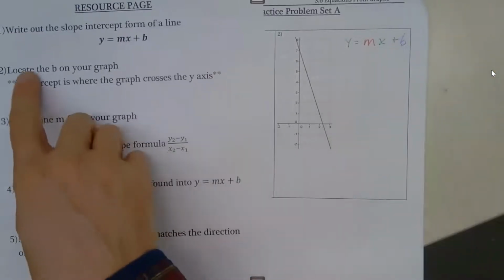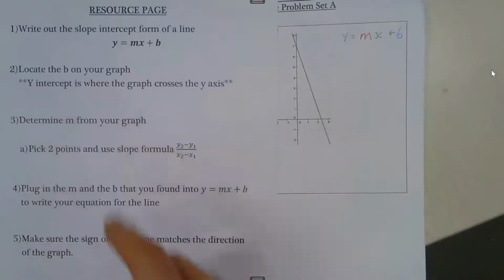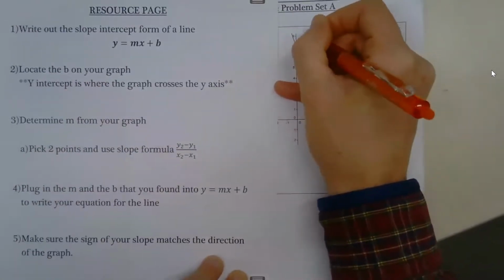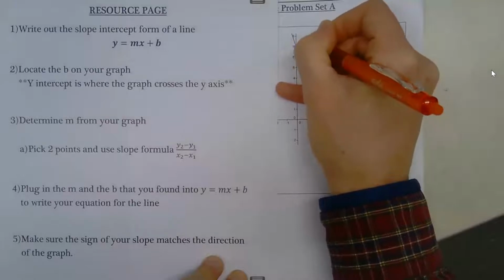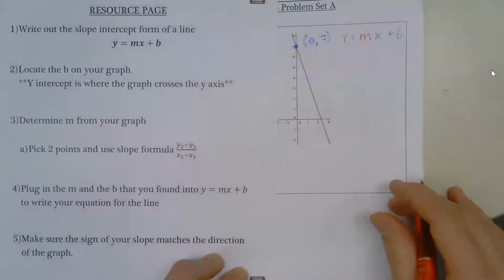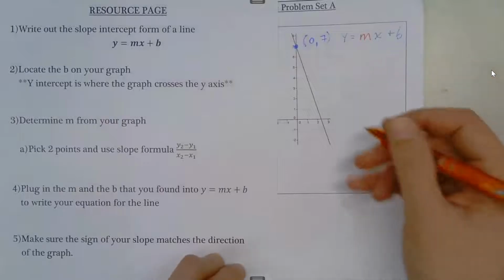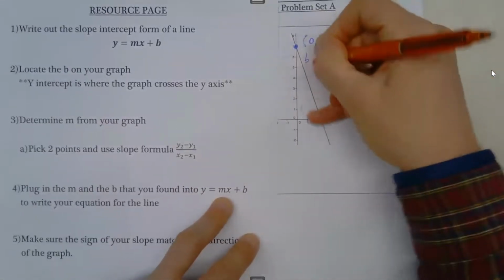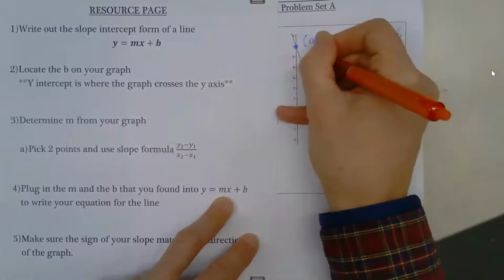Okay, step two, locate your y-intercept. So my y-intercept is here, (0, 7). So that means that b equals 7.